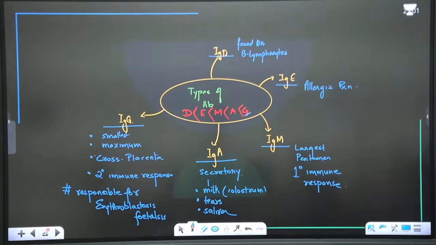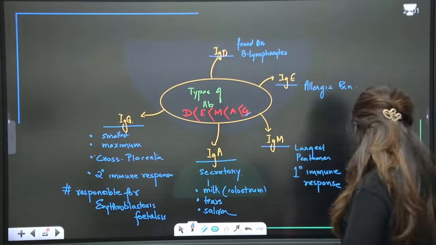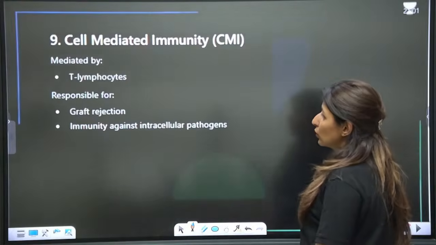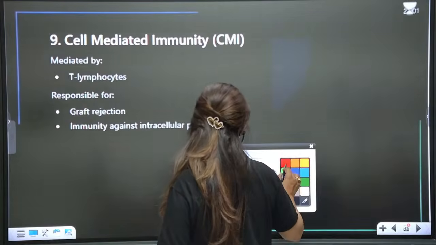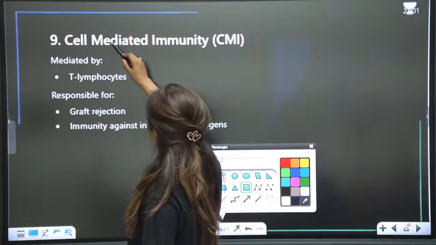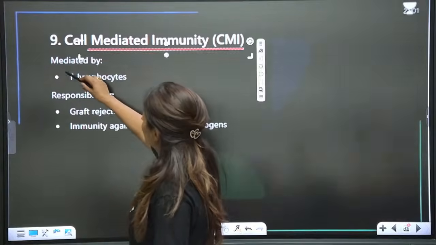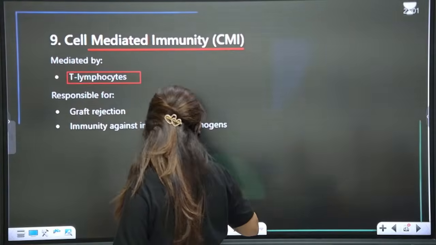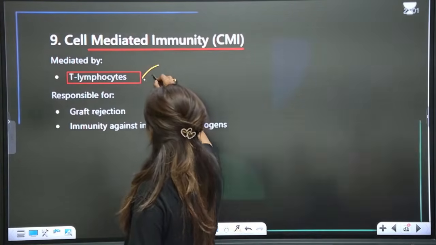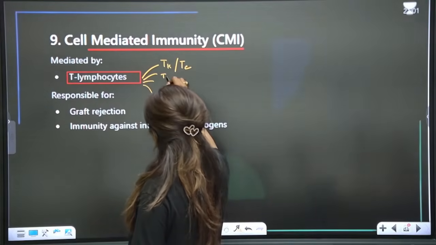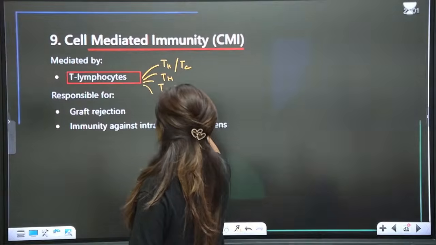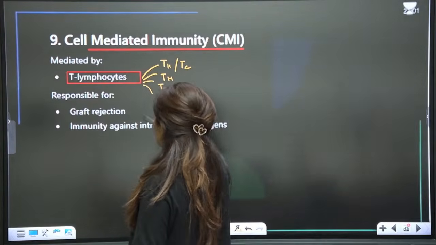Clear to all? All right, guys. Now, moving on to the cell-mediated. So let's see how cell-mediated immunity works. Cell-mediated immunity, that is CMIS, works through T lymphocytes, and I have told you that there are different types of T lymphocytes. We have T killer or cytotoxic, T helper cells, T suppressor cells, and T memory cells.